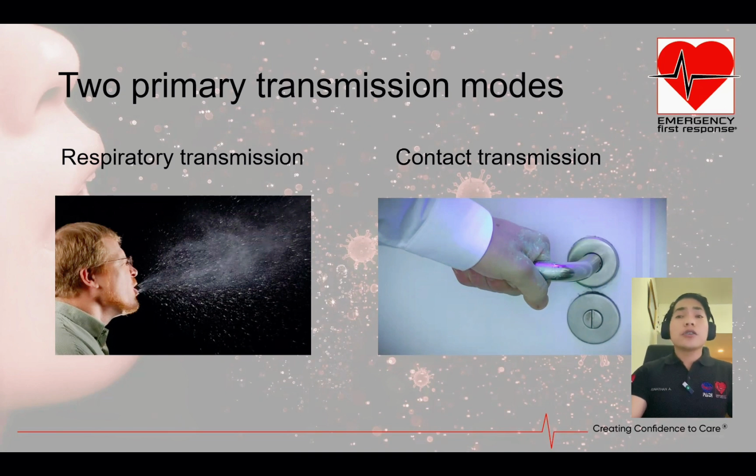Experiments have found that infected droplets in the air can float for as long as 3 hours. So remember, infected droplets can stay in the air, floating as long as 3 hours.